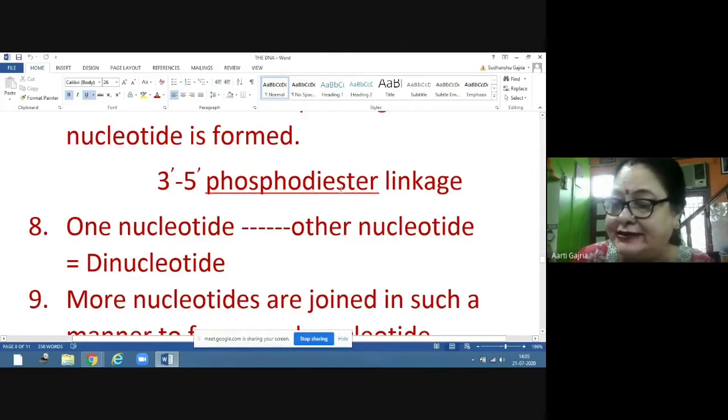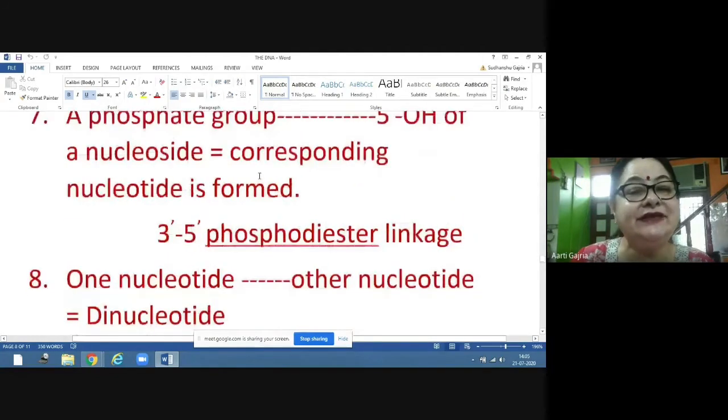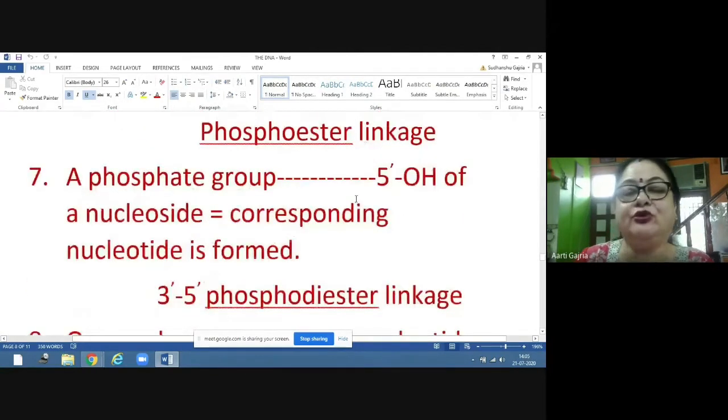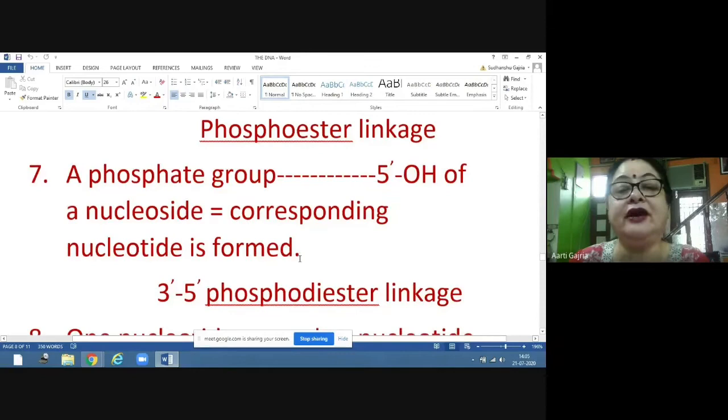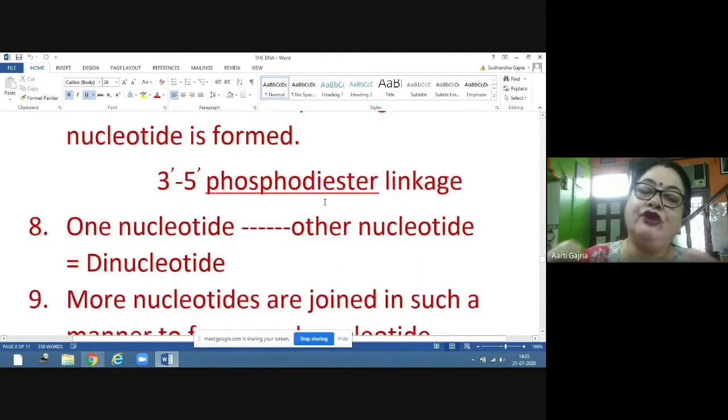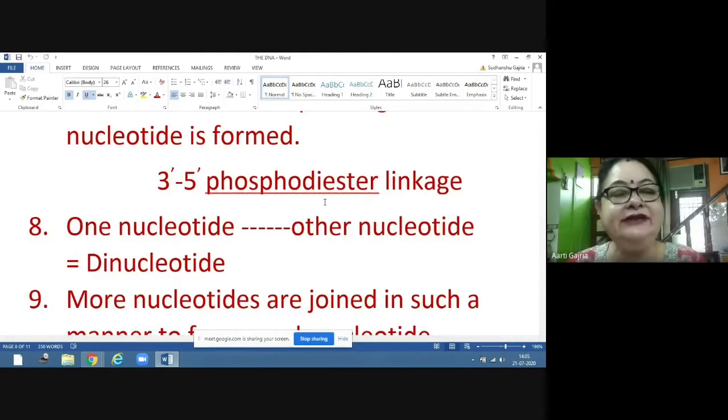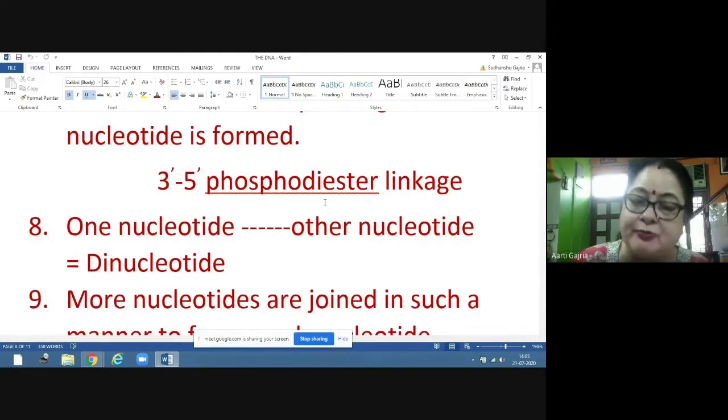Why diester? The earlier one was an ester because there was only one pentose sugar with a nitrogenous base, that is a nucleoside. Now here there are two, so it is called phosphodiester linkage. On one side it is connected with the third carbon of the pentose sugar, and on the other side with the fifth carbon of the pentose sugar, and these two nucleotides together form a dinucleotide.